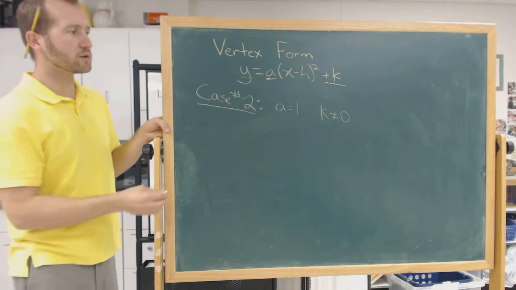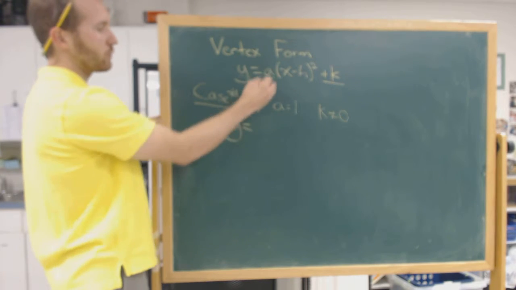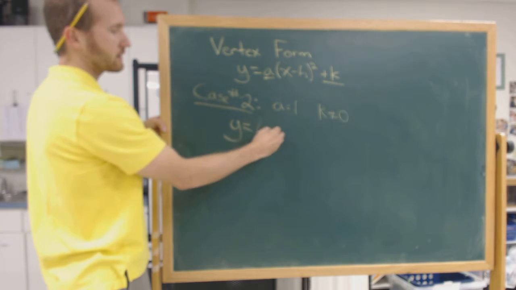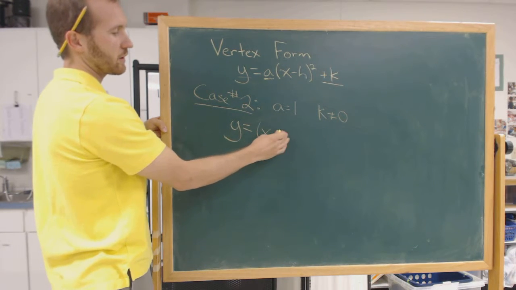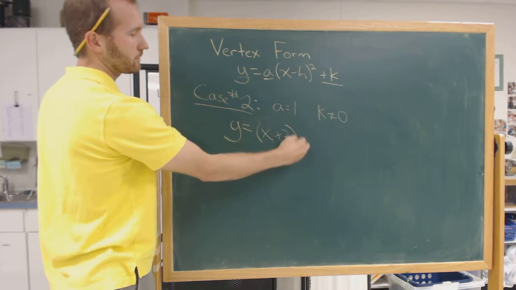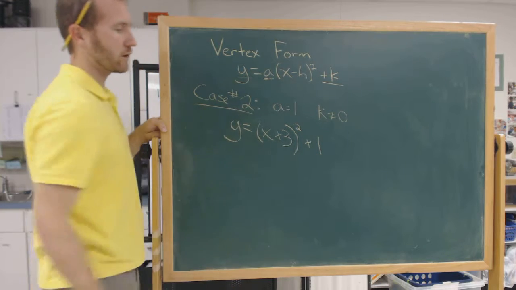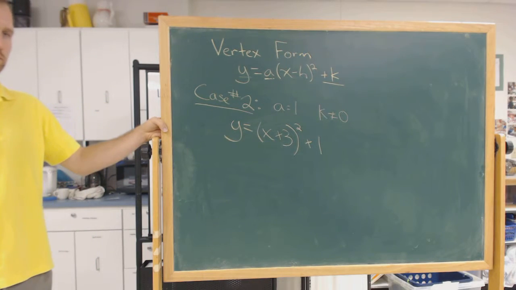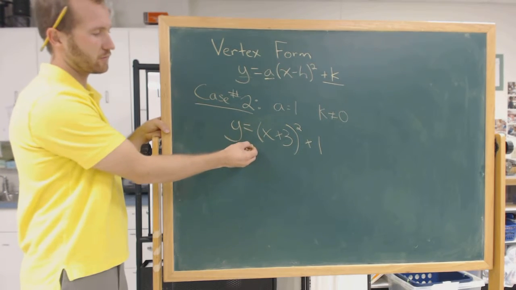So for case number 2, let's just pick a random vertex form. If A is 1, I'm just going to have x plus something squared, or x minus something squared. So let's just say x plus 3, squared, and then let's pick a k. Let's say k is 1. Can you convert this to standard form?